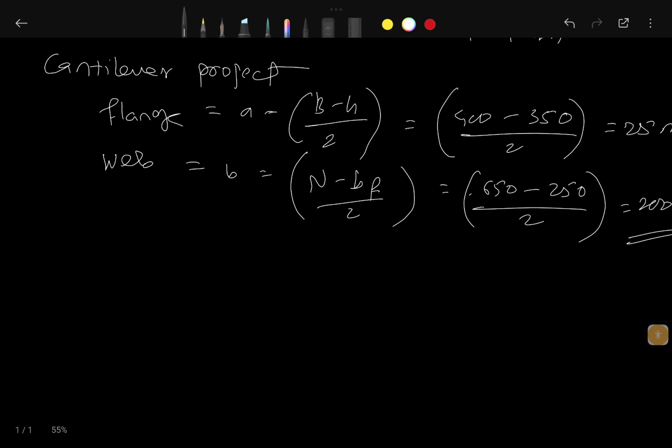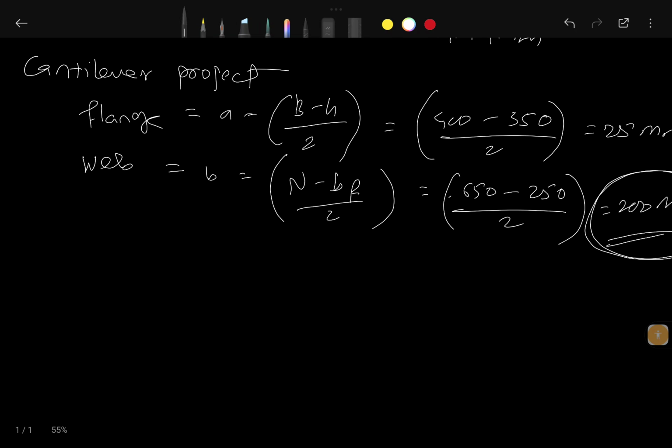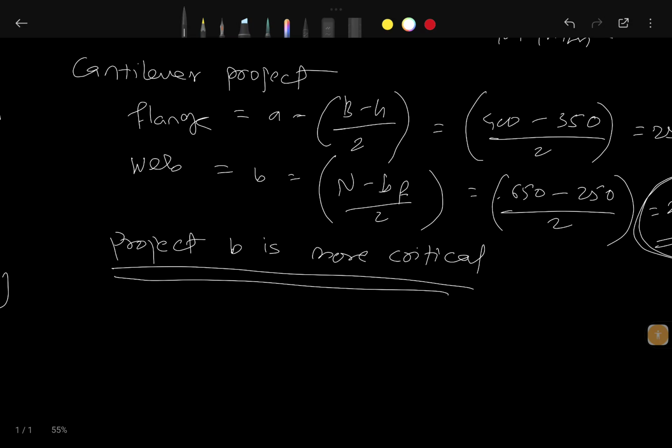So here the projection B is more critical because the cantilever is more here, 200 mm. Now, how can we handle this?